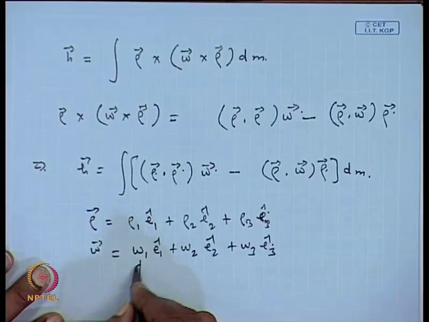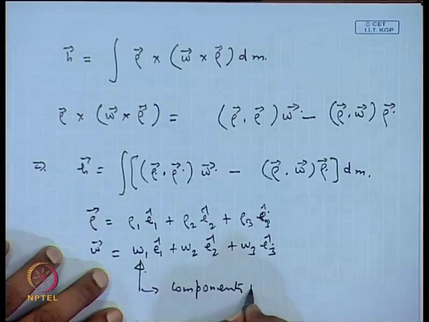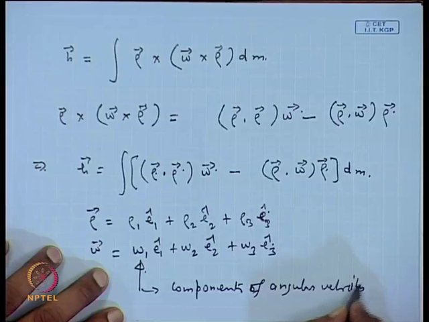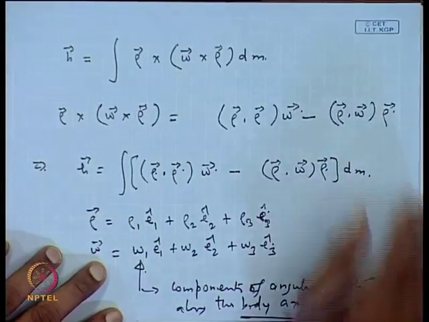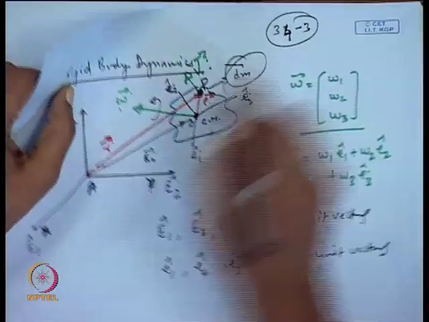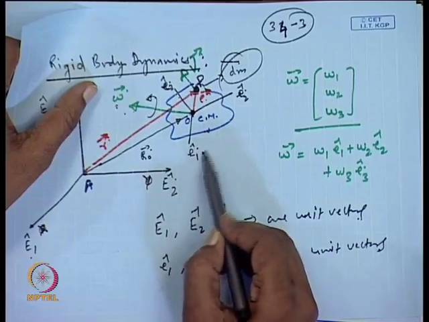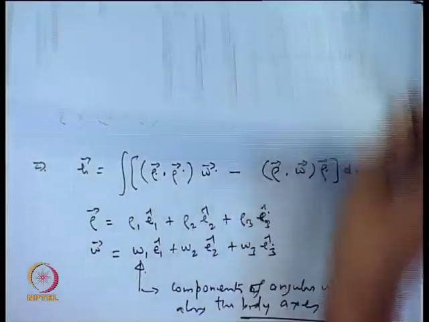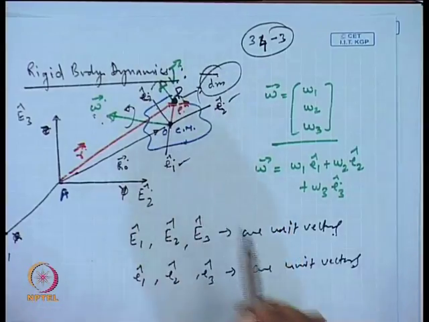Remember, these omegas are the components of angular velocity along the body axis. So, in this figure this is the velocity vector omega. We are taking the components of this vector along the directions E 1, E 2 and E 3. Similarly, this rho vector has its components taken along the E 1, E 2 and E 3 directions.